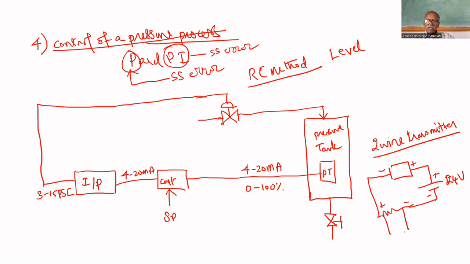The output voltage drop across this 250 ohm resistance is given to the PID controller. This is the PID controller, and this is given to the PID controller. This is the connection diagram.